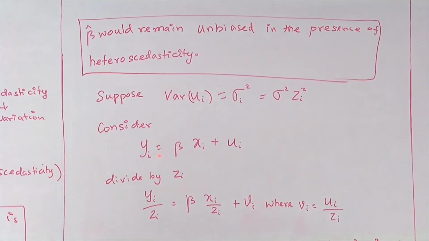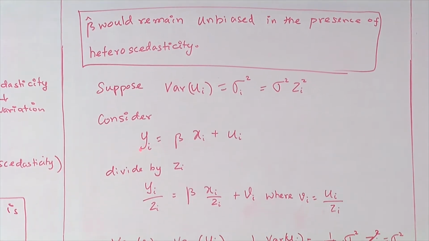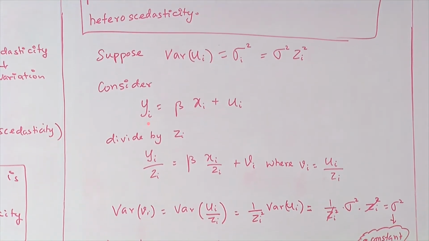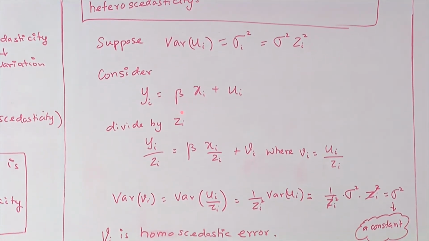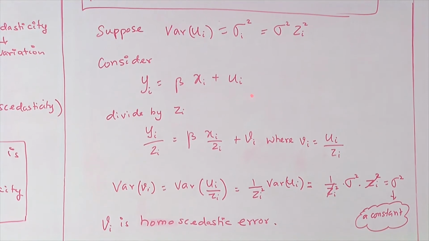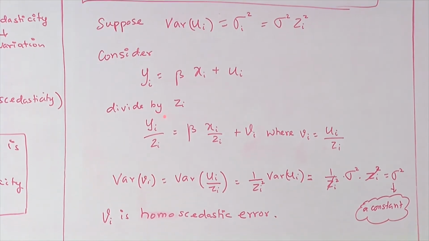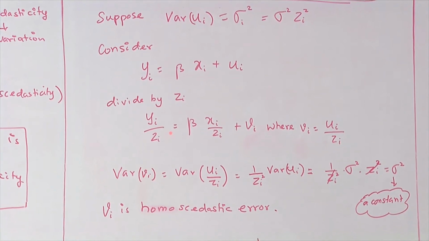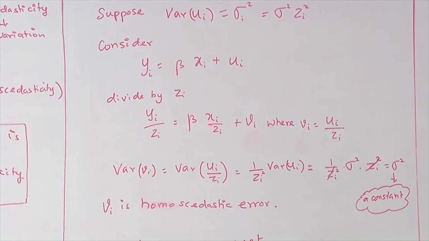Consider a regression model in its deviation form. Small yi is equal to beta xi plus ui. Divide both sides by zi, we get yi by zi is equal to beta xi by zi plus vi, where vi is equal to ui by zi.